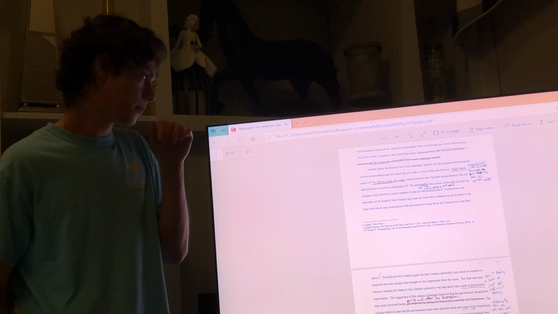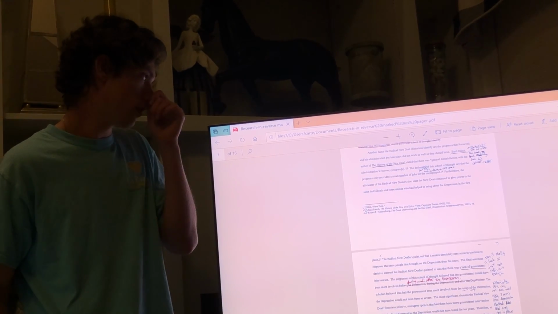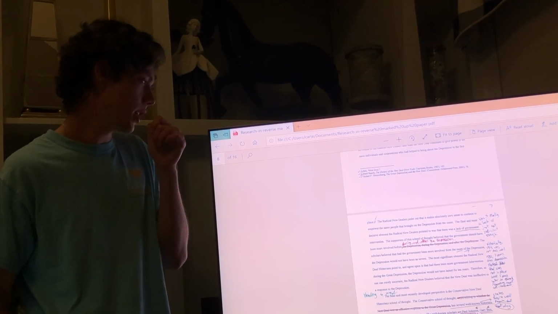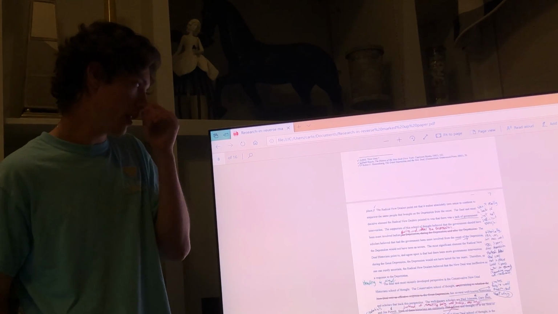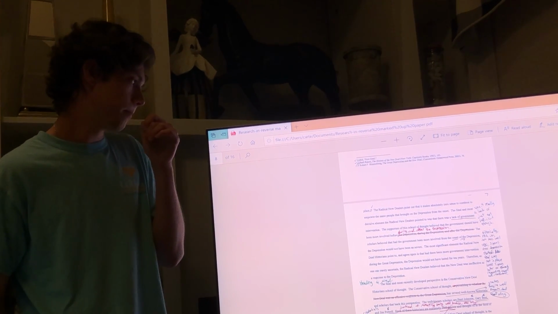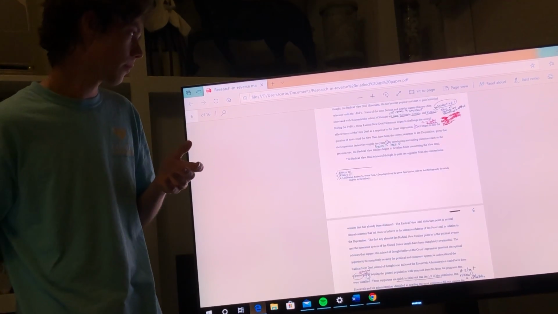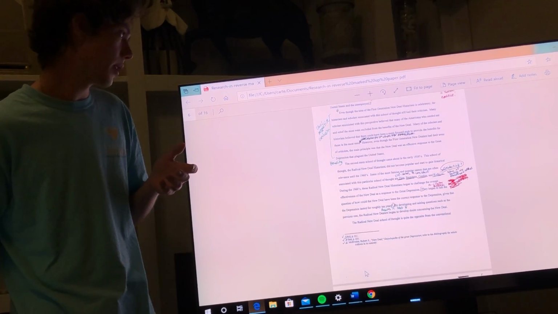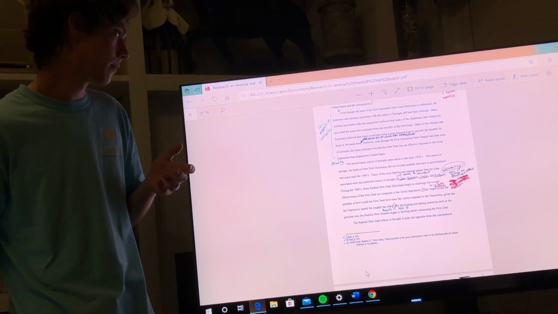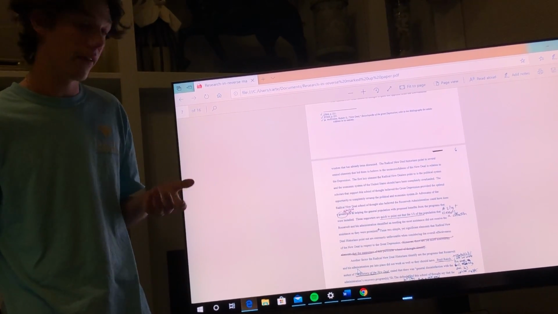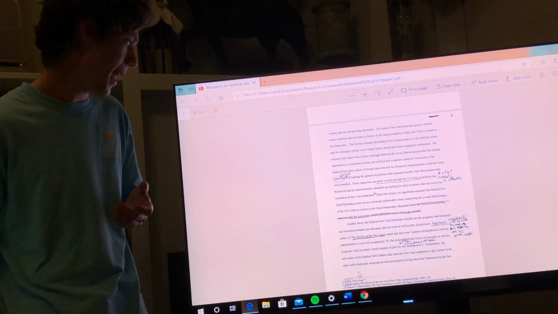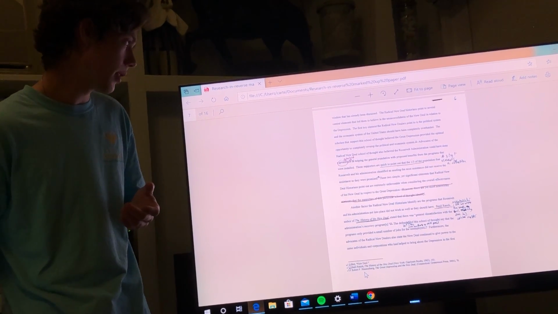the author talked about what their opinion was involving the onset of the Great Depression. Let's see if we can find it. See, again, if they had put headings out, then this would have been a lot easier.